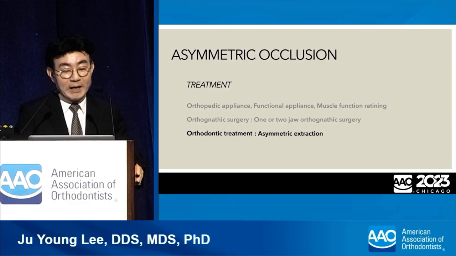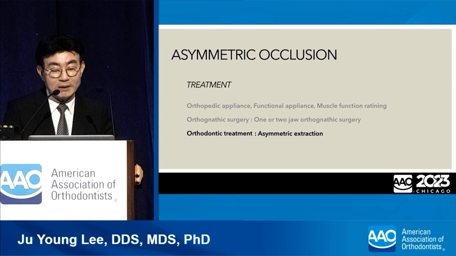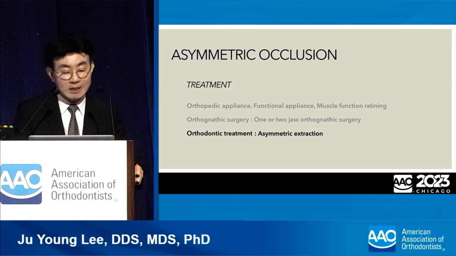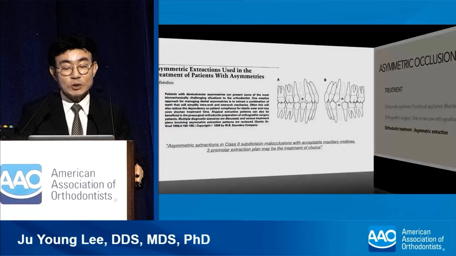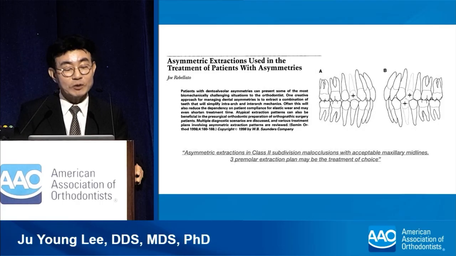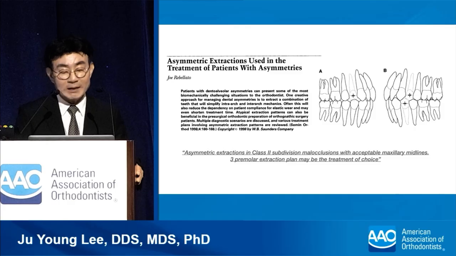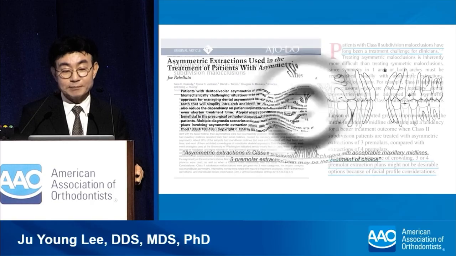First, asymmetric tooth movement through asymmetric extraction can be considered. Jo Levelata had explained the treatment of asymmetric extraction for asymmetric patients, and a 3 premolar extraction could be the treatment of choice in order to simplify intra-arch and inter-arch mechanics in class 2 subdivision malocclusion.